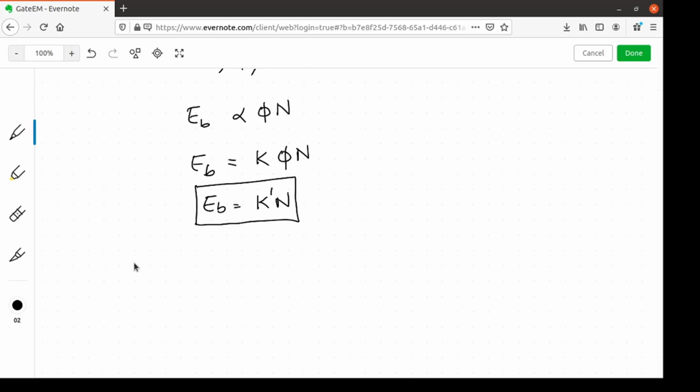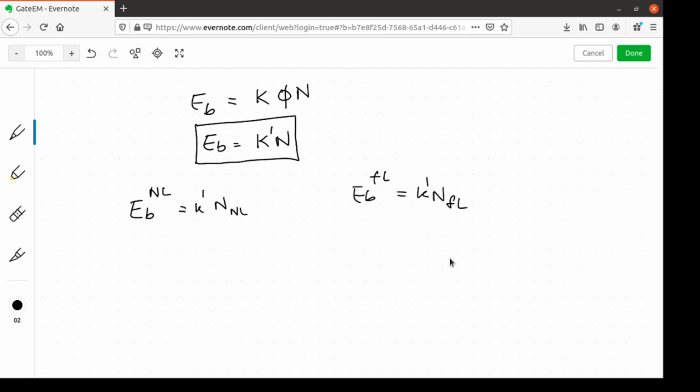Now, in the no load case, we can write Eb NL equals K times N NL. And in the full load case, we can write this as Eb FL equals K times N FL. Now we can just divide these two.